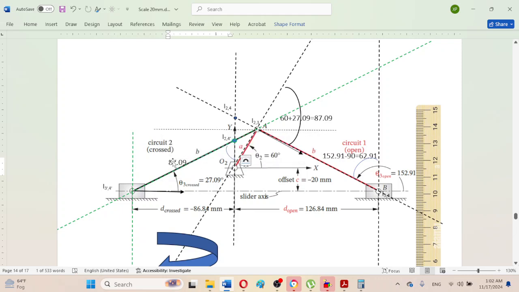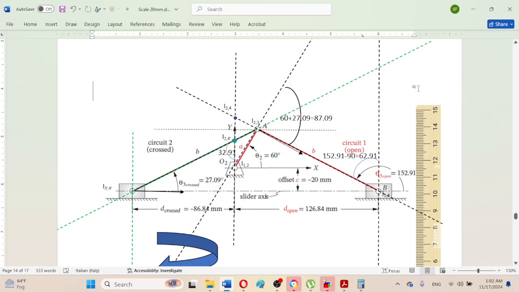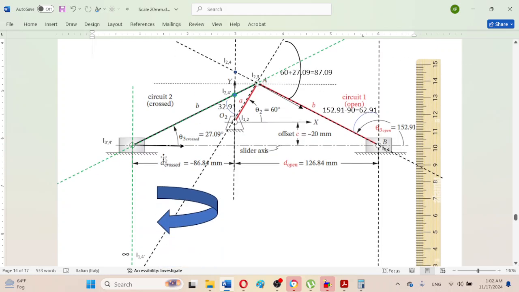So this angle is actually 32.91. Just mention that this angle here is 32.91.